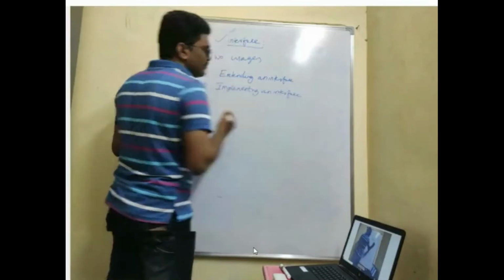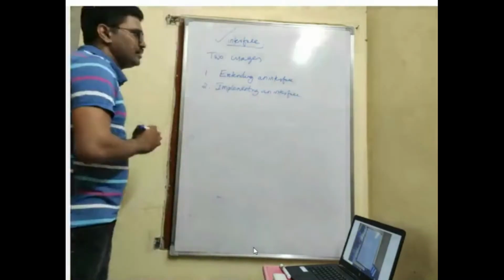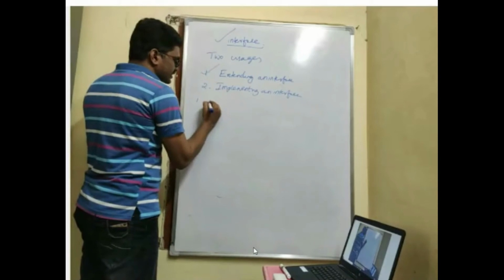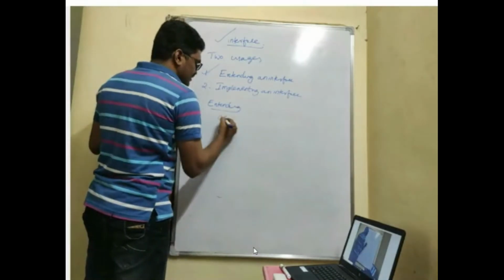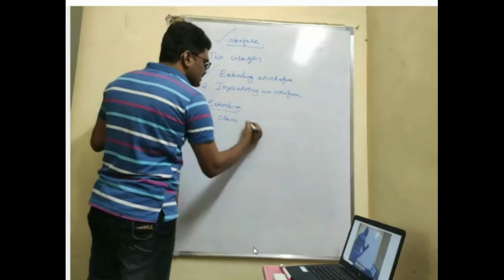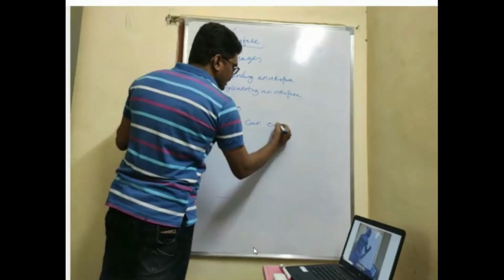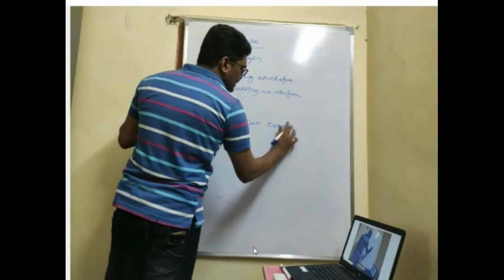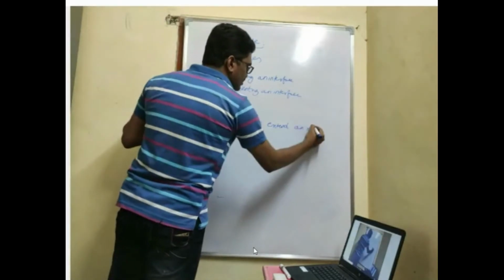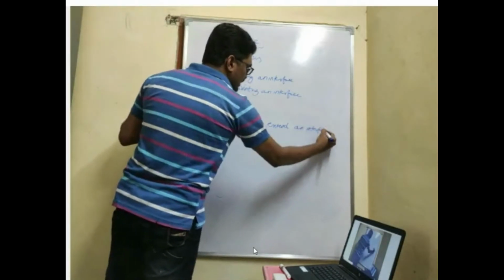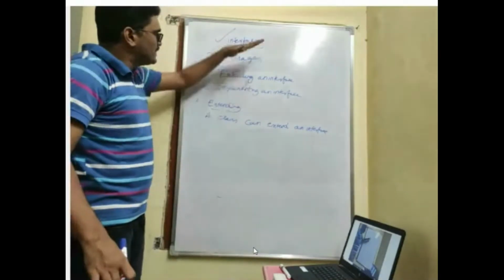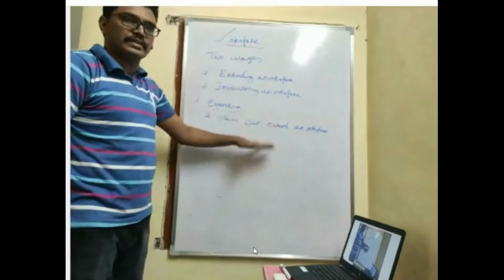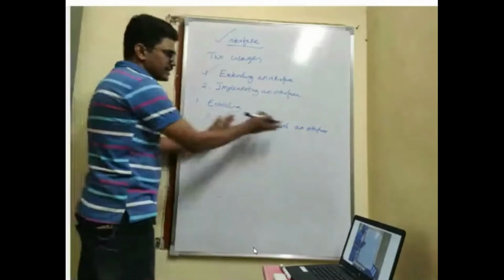So first we'll go to the first one, extending an interface. A class can extend an interface. Once I tell the example, I'll tell you why this interface concept is needed. What is its purpose?